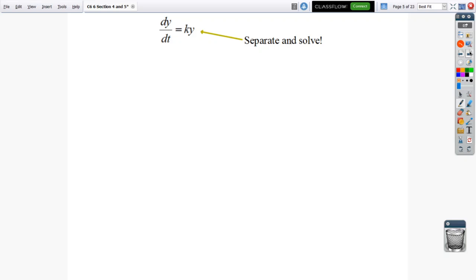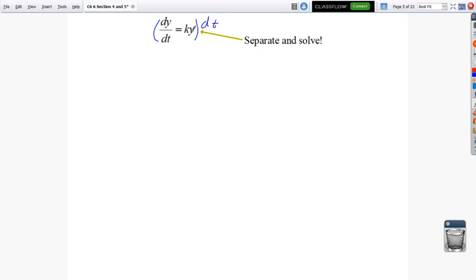Moving forward, to give you the general solution for an exponential growth problem, we use that strategy from yesterday of separation of variables. So I can get my dt over to the other side by multiplying by dt, and get my y to the left by dividing by y.